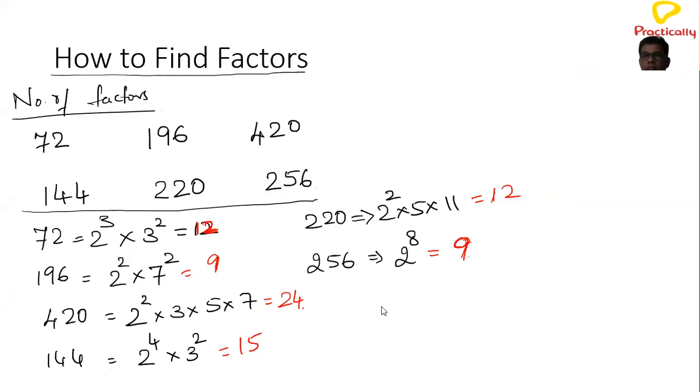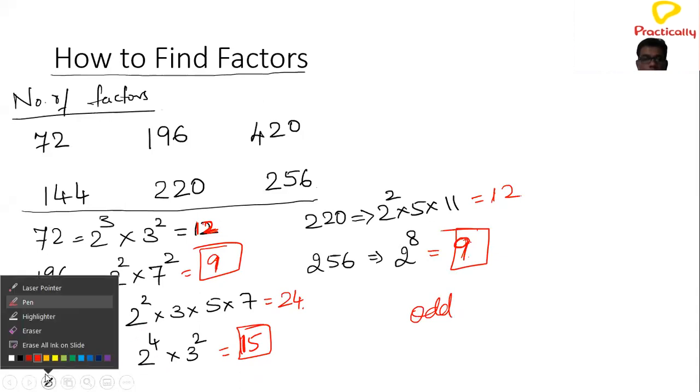Okay. Now, the point is this, guys. Do you realize or do you see something strange in this entire example that we took? You realize that the number of factors for this value is odd. 144 has odd number of factors.